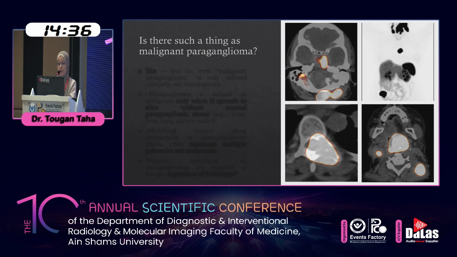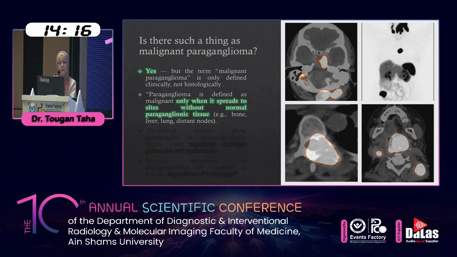More images for the same patient reveal multiple similar lesions in PET-CT with uptake. So the question now, is there such a thing as malignant paraganglioma? Yes, but the term malignant paraganglioma is only defined clinically and not histologically.